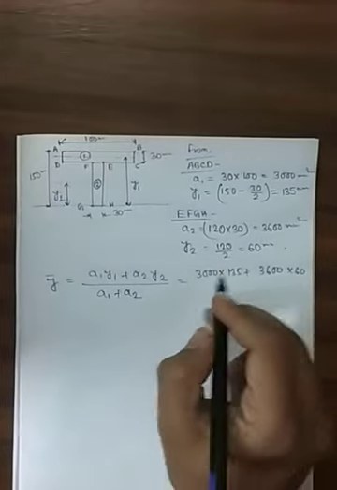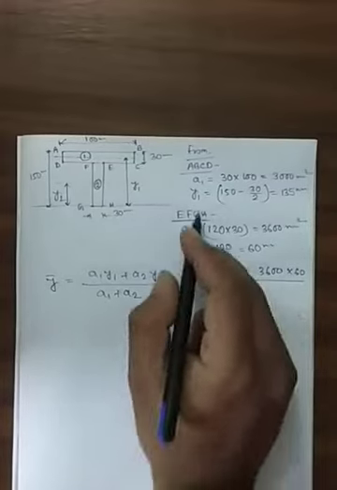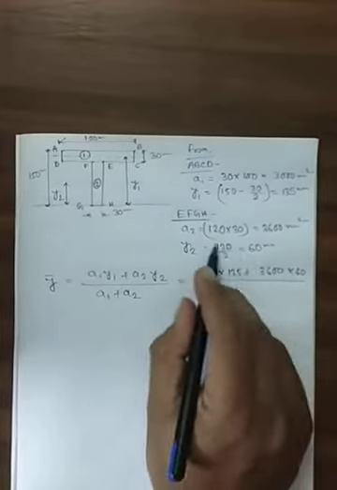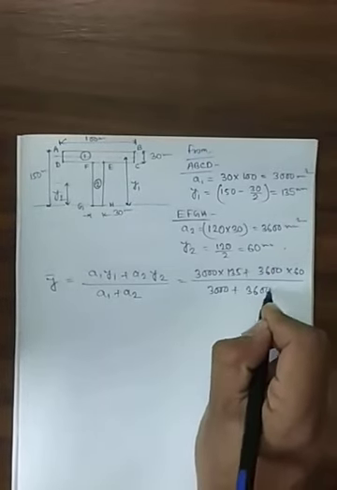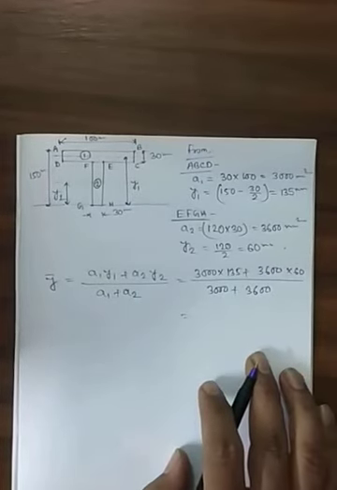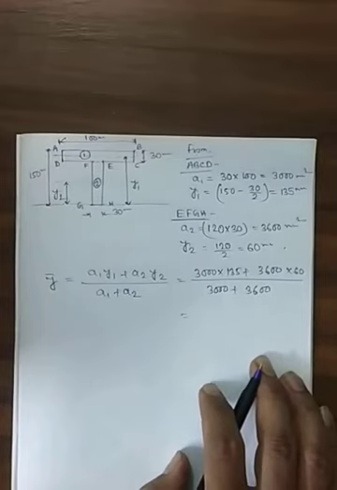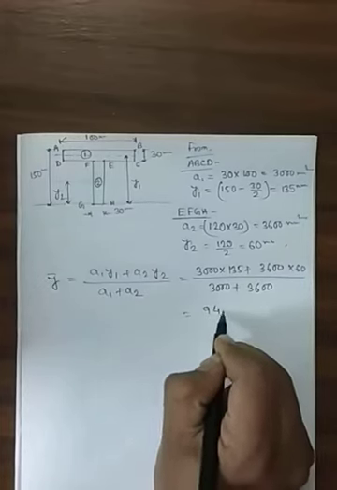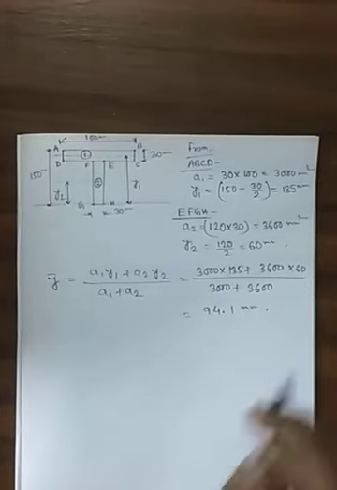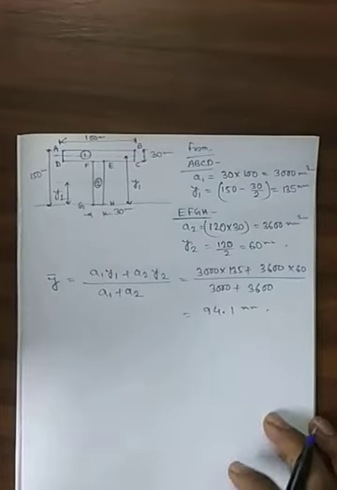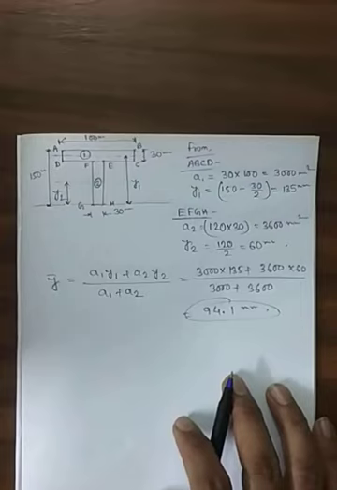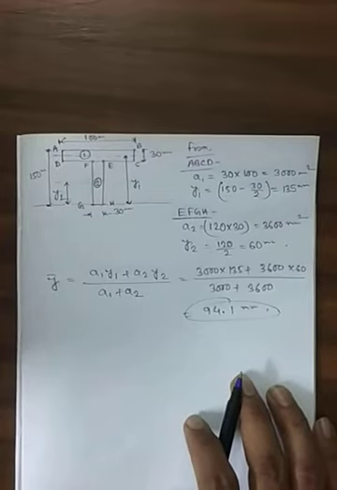A1 is 3000 plus A2 is 3600. So by calculating I am getting 94.1 millimeters. By calculating the value comes 94.1 millimeter. So the distance of the centroid from this baseline will be 94.1 millimeter.